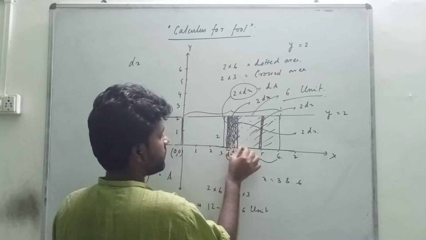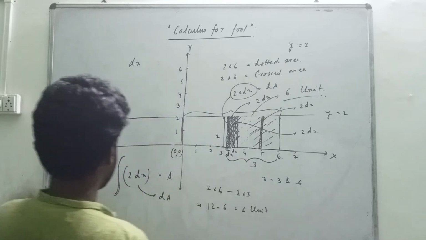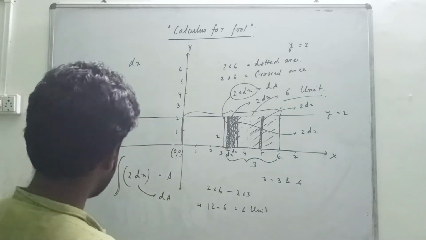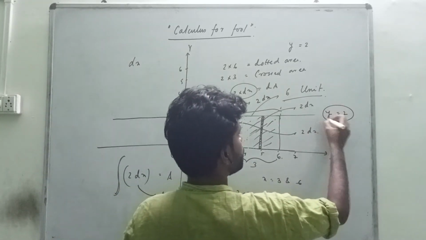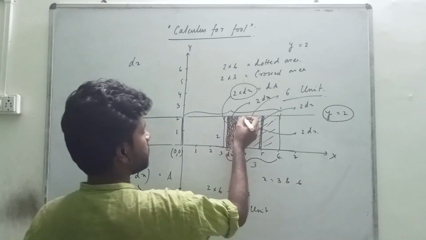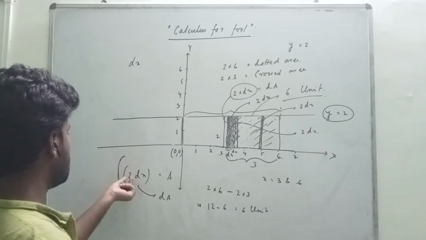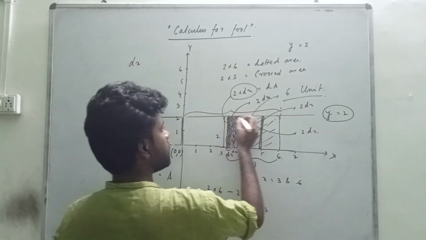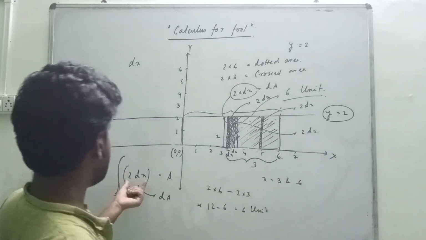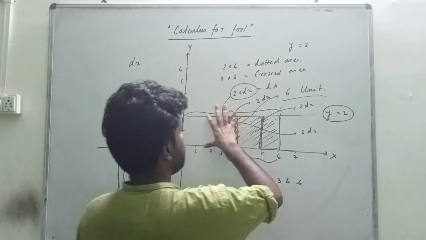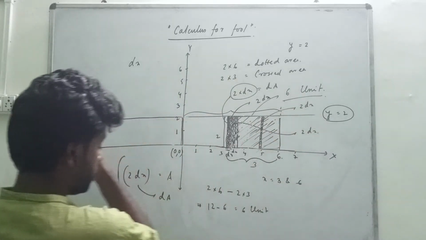So this symbol means just the area under the graph y equals 2. If you calculate the sum of 2 dx, you will get the full area, the area under that straight line or curve.